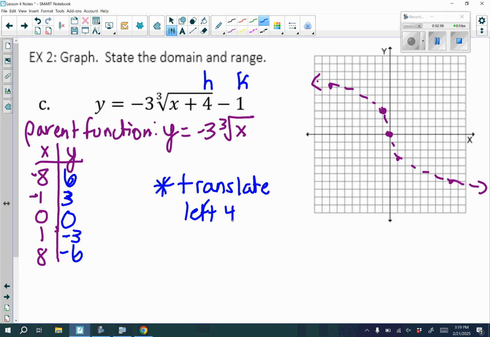With our k value, we translate exactly as we see. k is -1, so we go down 1. Just like with our square root in the last example, we take each of the points and move them left 4 and down 1.